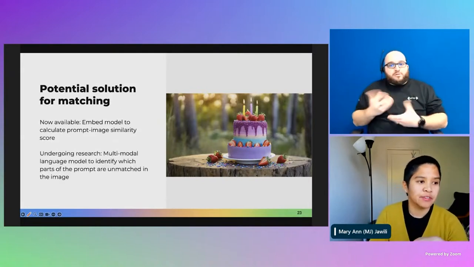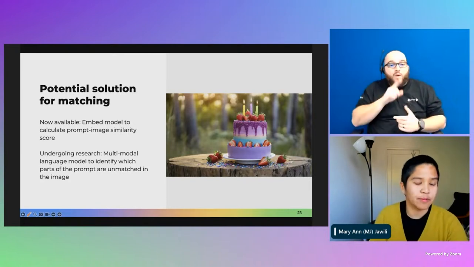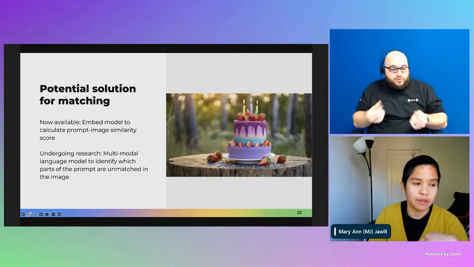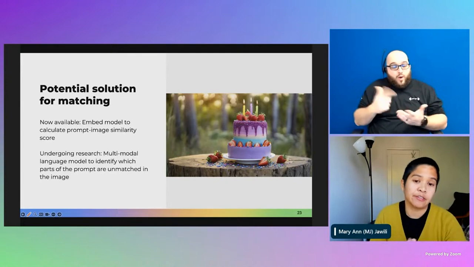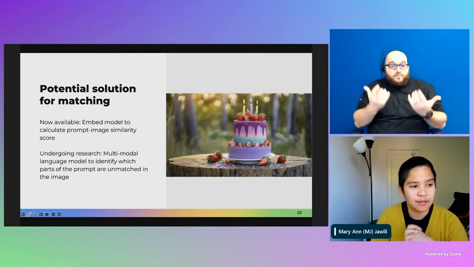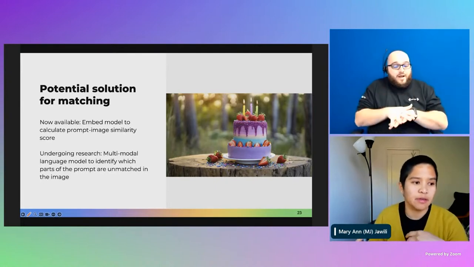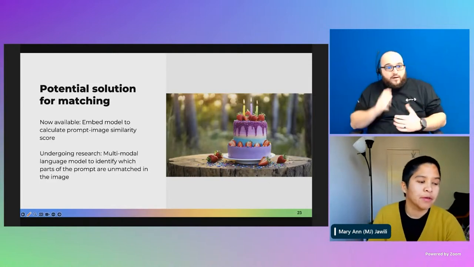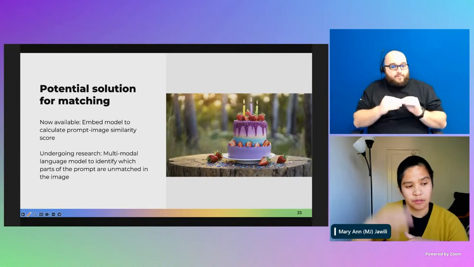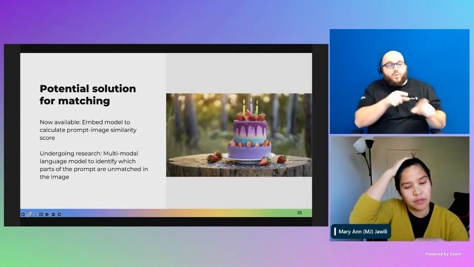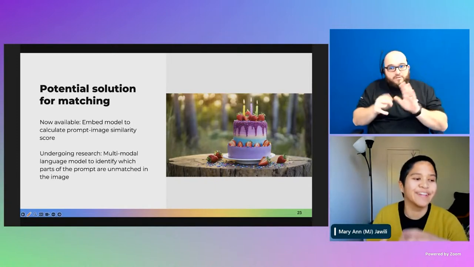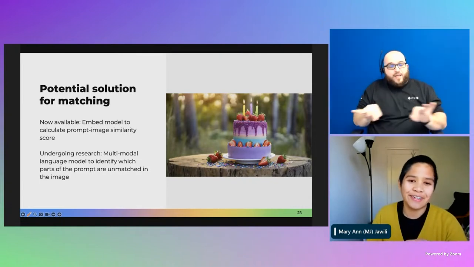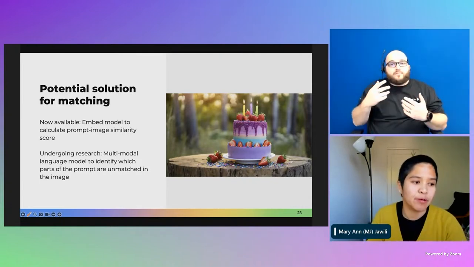So we are looking into several solutions for determining prompt and image matching. Right now, we actually have available an embed model to calculate a prompt image similarity score, and that's just a number. But we're also looking into a multimodal language model to identify different parts of the prompt.